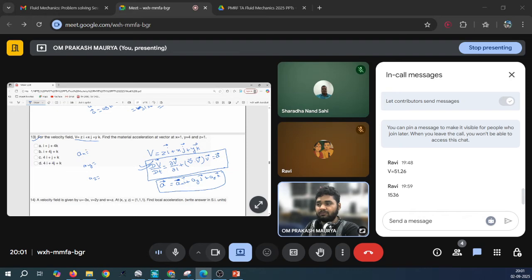So ax is del u by del t plus, first will come u, del u by del x, plus v del u by del y, plus w del u by del z. Similarly here you will write the full expression with v.